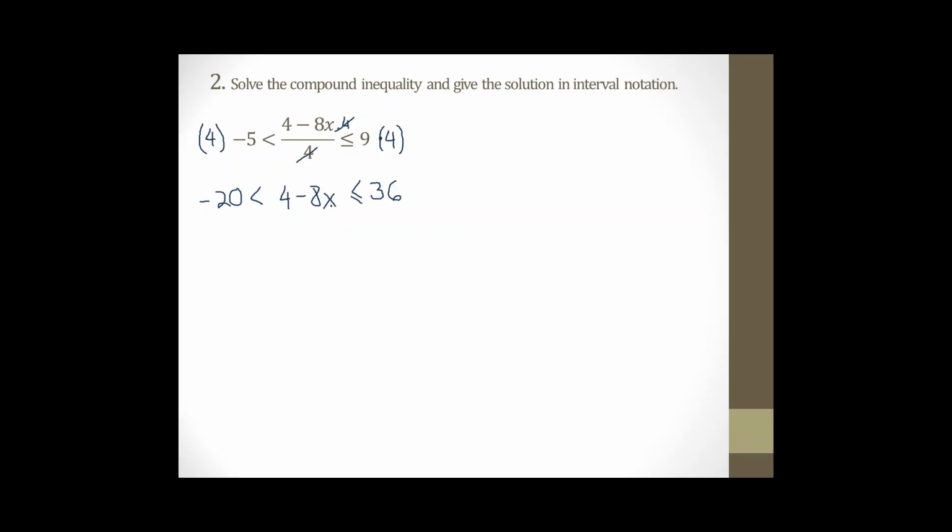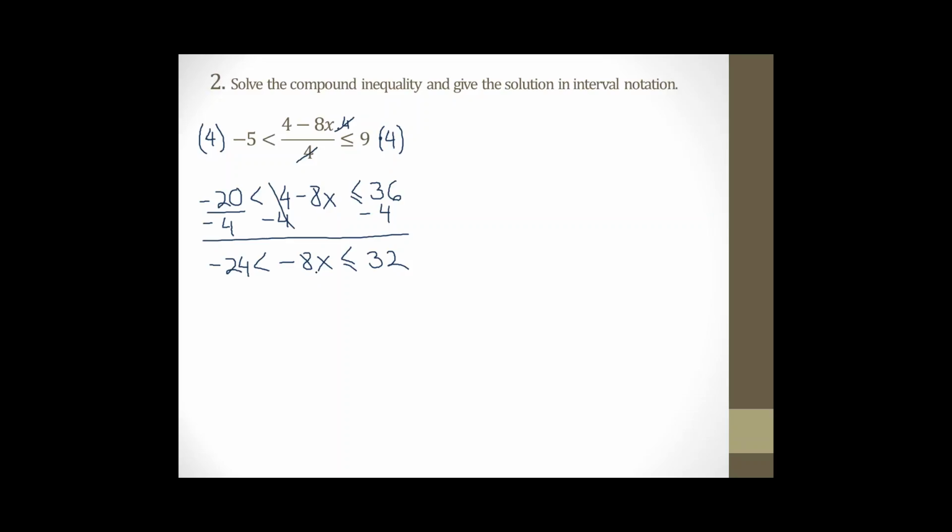Okay, continuing to get x by itself, my next step would be subtracting by 4 on each side. So negative 20 minus 4 is negative 24. And I'm left in the middle with negative 8x less than or equal to, and 36 minus 4 is 32.